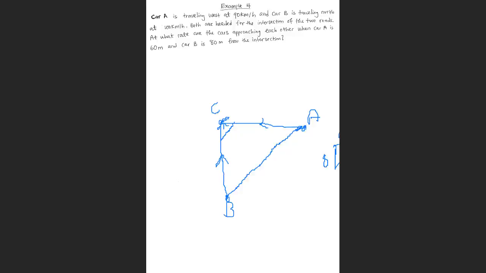The only unknown we don't know, I'll just call this Z. If you call this X, and this is Y, then we can label this as Z. So indirectly, what are they asking you? They're asking you for dz/dt.